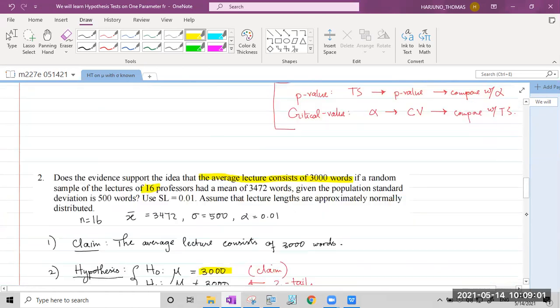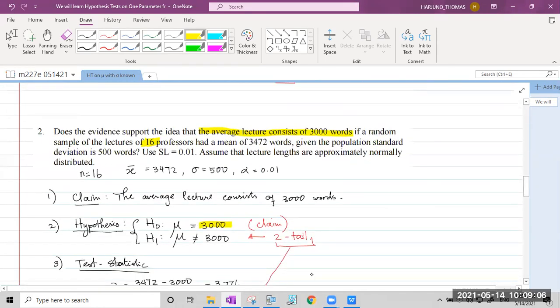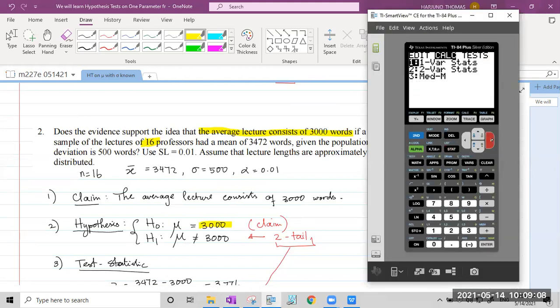Now let's see example 2. We do it again: Stat, Test, Z-Test. The data is in the statistic. The claim mean is 3,000. Population standard deviation 500. Sample mean 3,472. Sample size 16.